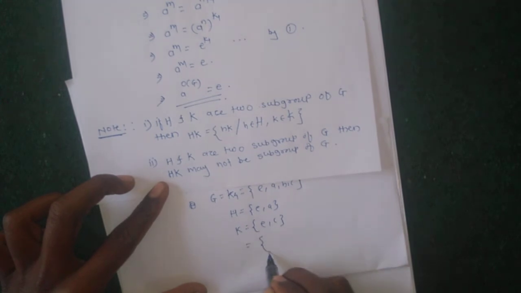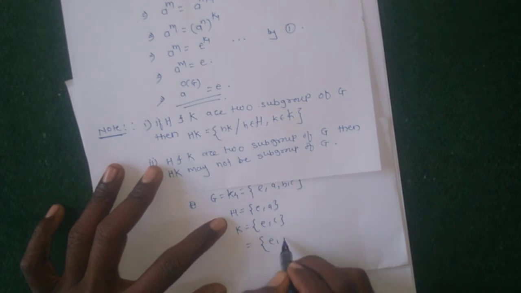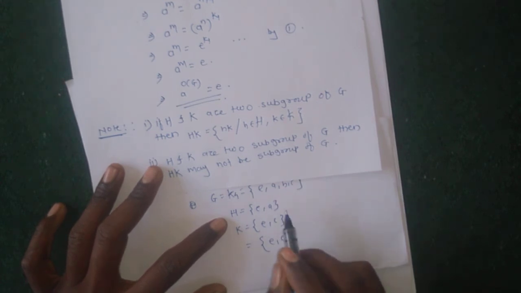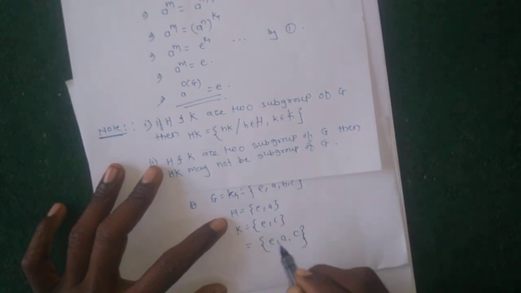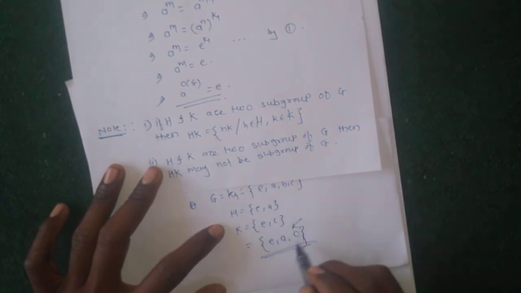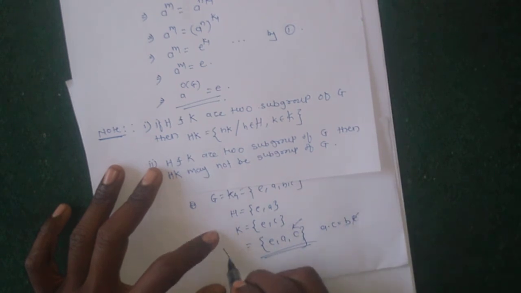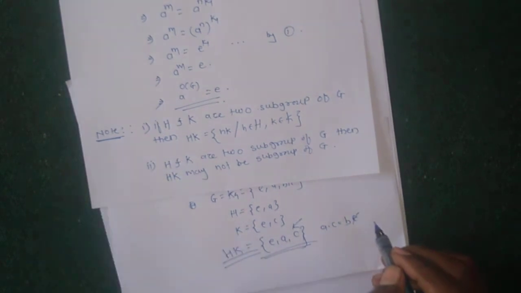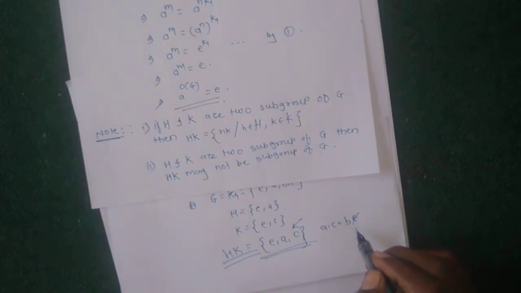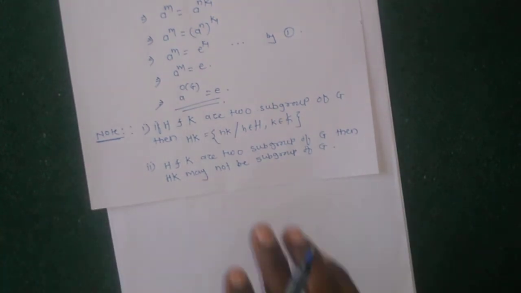Then their product HK is {e, a, c}, which is not closed under the operation, because a into c equal to b, which does not belong to this set HK. So the product of two subgroups need not be a subgroup.